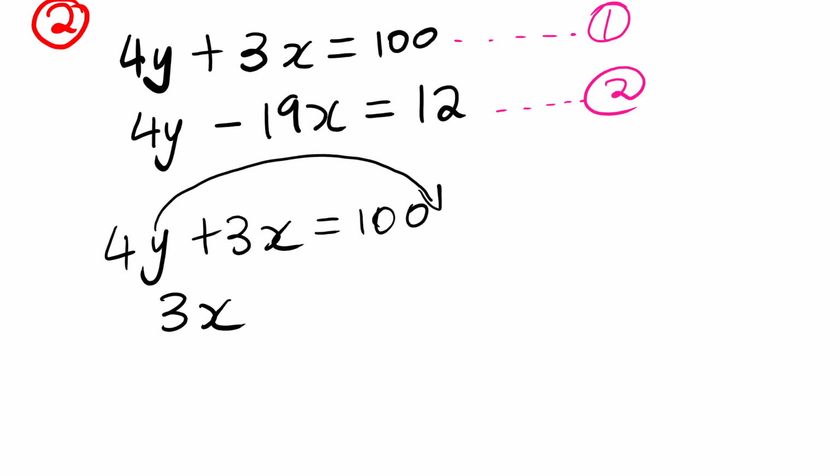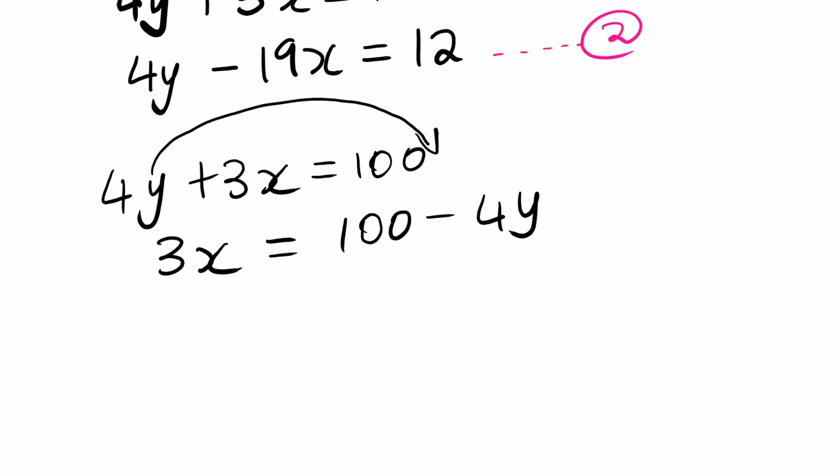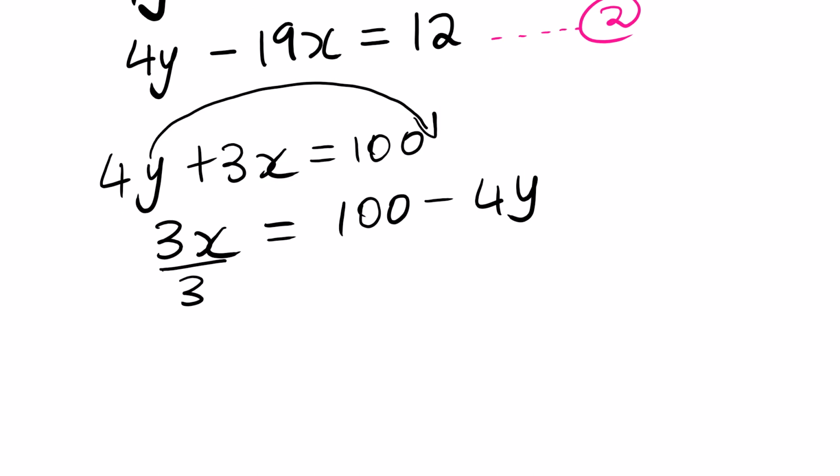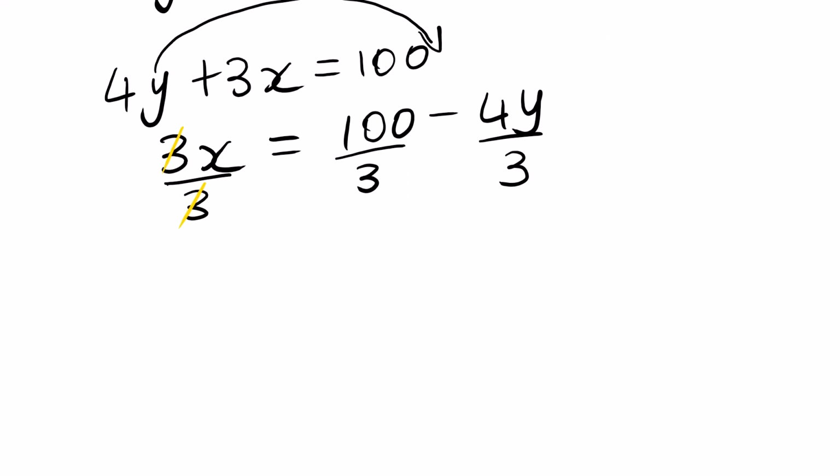We have 3x is equals to 100 minus 4y. Then from here I'll divide by 3. Remember, before we do anything, we need to make one of the variables to be the subject of the formula. So our new equation is x equals 100 divided by 3 minus 4 over 3y.